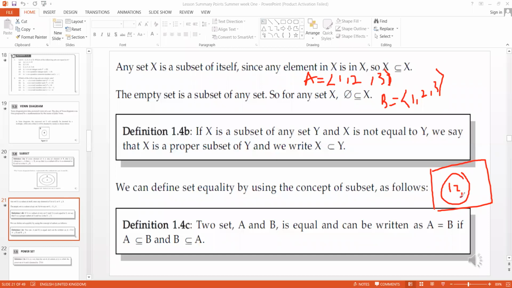So you can say that A is in B, and A is actually equal to the set B. But by the definition, a subset means the elements in the set should be contained in the other set. So the very fact that A is contained in B, we can still write A is contained in B, but equal to B.